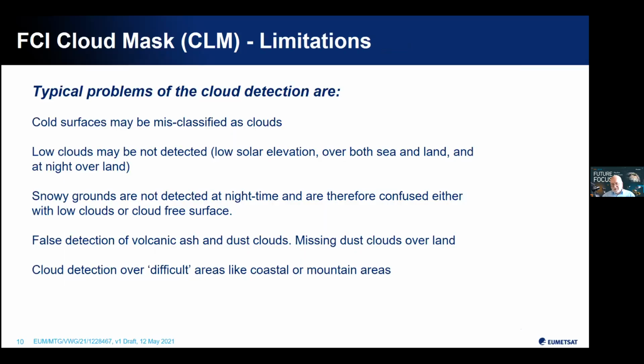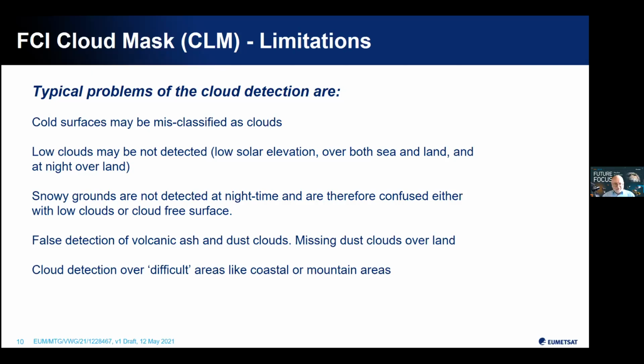And as you know, everyone who is dealing with cloud detection knows all these problems. Cold surfaces may be misclassified as clouds. Low clouds may not be detected, especially in low solar conditions over both sea and land, and at night over land. Snowy grounds are not detected at nighttime and therefore confused either with low clouds or cloud-free surfaces.